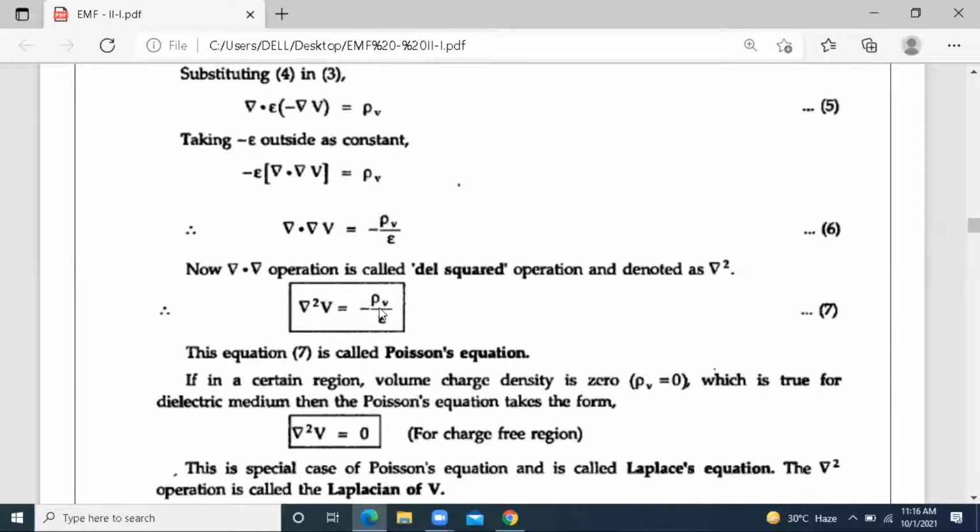So if you're ever in a region where your charge density is 0, then del squared V equals 0. And this equation is called your Laplace equation. So Laplace equation is a special case of Poisson's equation where there is no charge in the region.